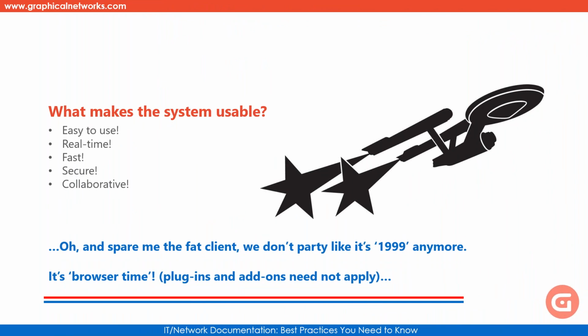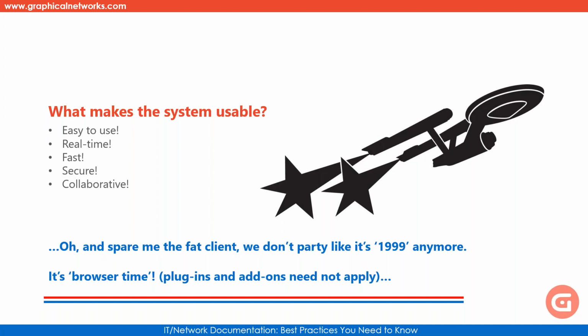So what makes the system usable? Instead of buying software that becomes shelfware after a couple of months, how do you avoid that shelfware effect? What makes the system very usable? It's very easy to use. It's real time, meaning no more fumbling through spreadsheets or Visio diagrams, checking to see when the last time it was updated. You can see updated, automated, up-to-date diagrams.